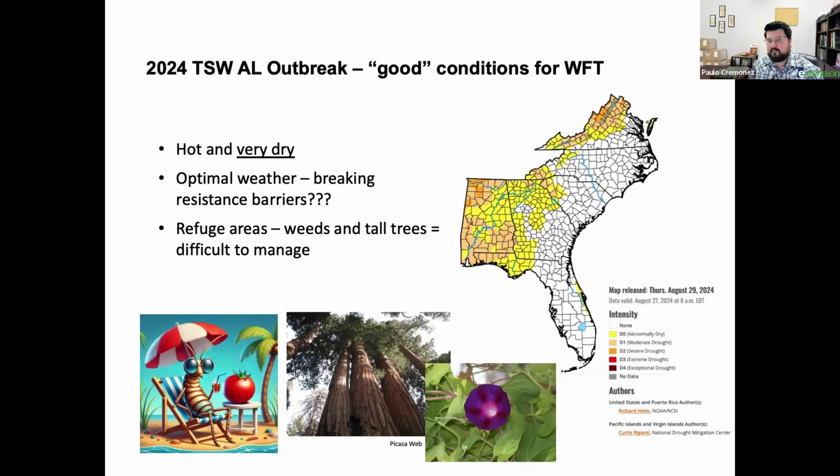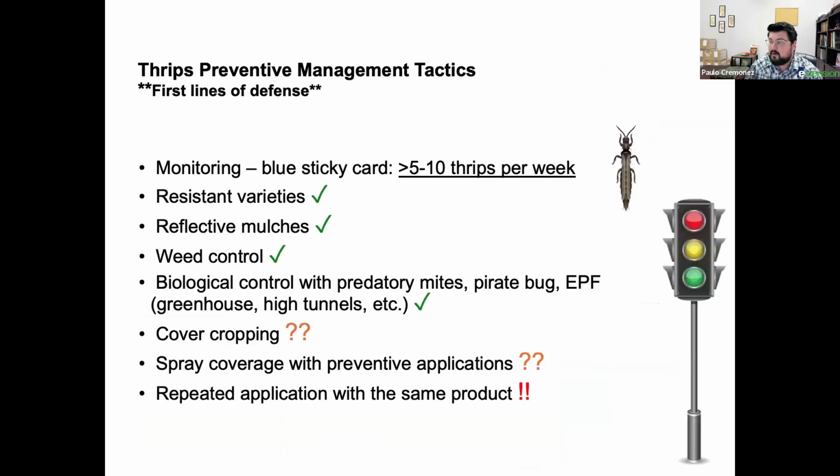That can basically push the insects to break the resistance barriers that were put in place, like reflective mulch and host plant resistance. Refuge areas around, like weeds and tall trees, also make it difficult to control. Weeds like morning glory can also be hosts for these pests. That's what probably happened.